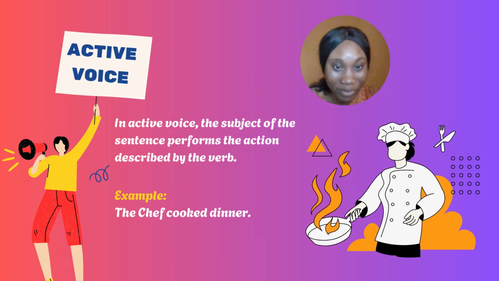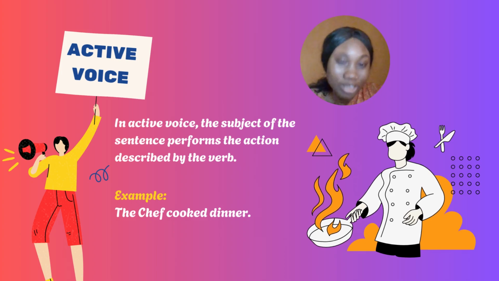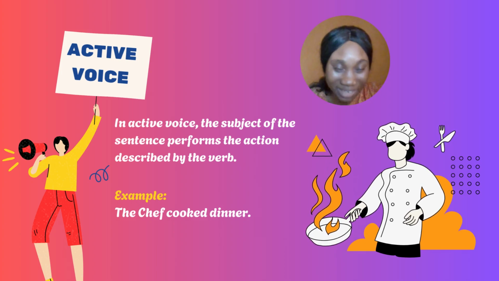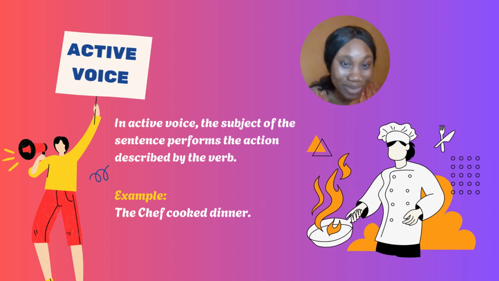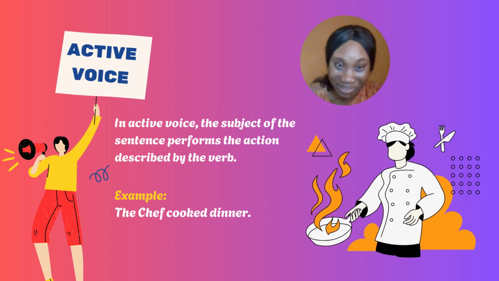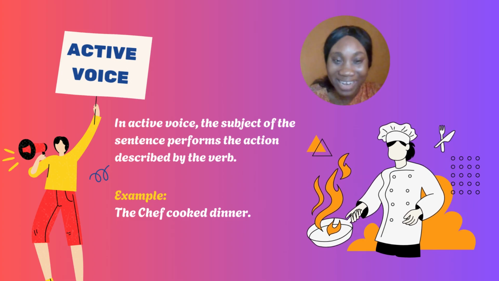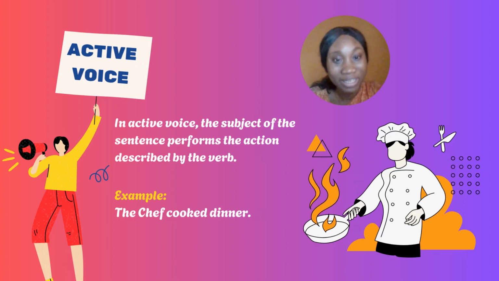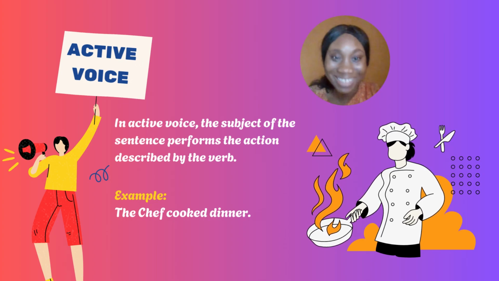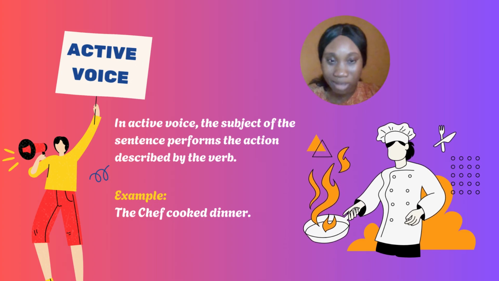But in passive voice, it's as if the action is being done to the subject. Now you see that sentence that I said, the action is being done. That statement is a passive voice statement. Did you get the difference now? When I said in active voice, the subject does the action, the subject is doing the action, it sounds proper, it sounds natural.